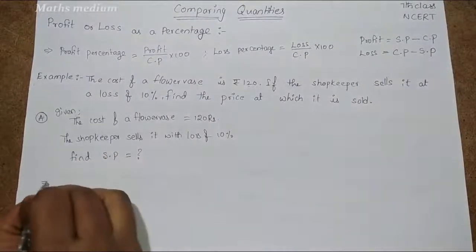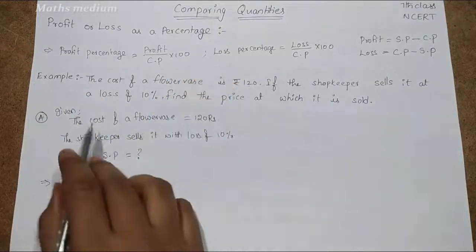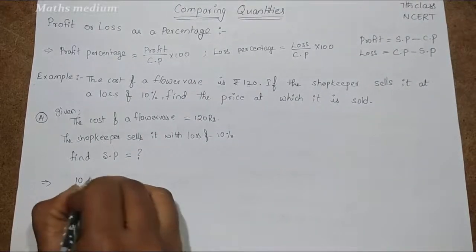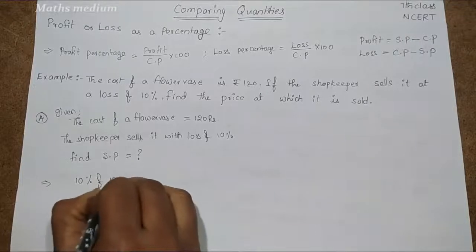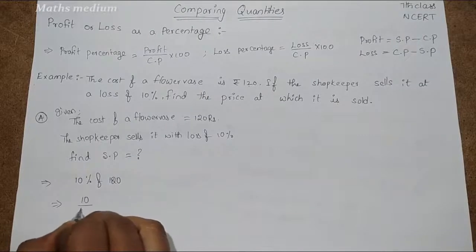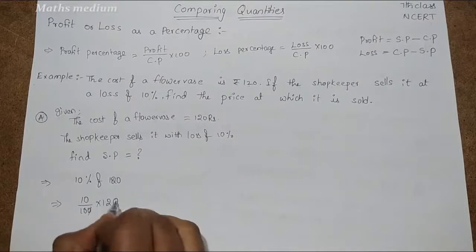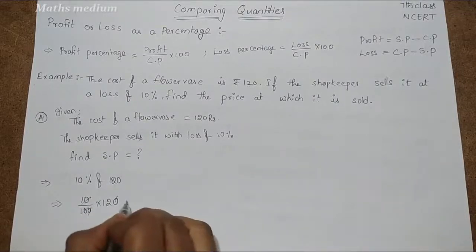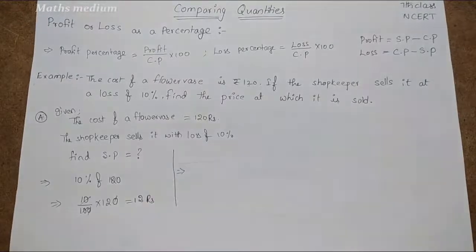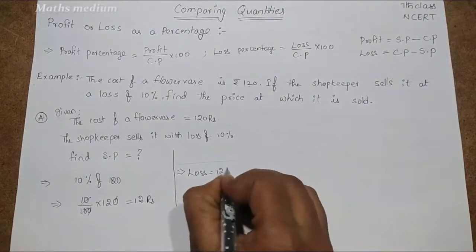Now what is the loss percentage formula? Here this is the cost price and this is the loss. So we can write it as 10% of 120 rupees. 10% means 10 by 100 into 120. 0 gets cancelled, 10 gets cancelled. It means 12 rupees loss.